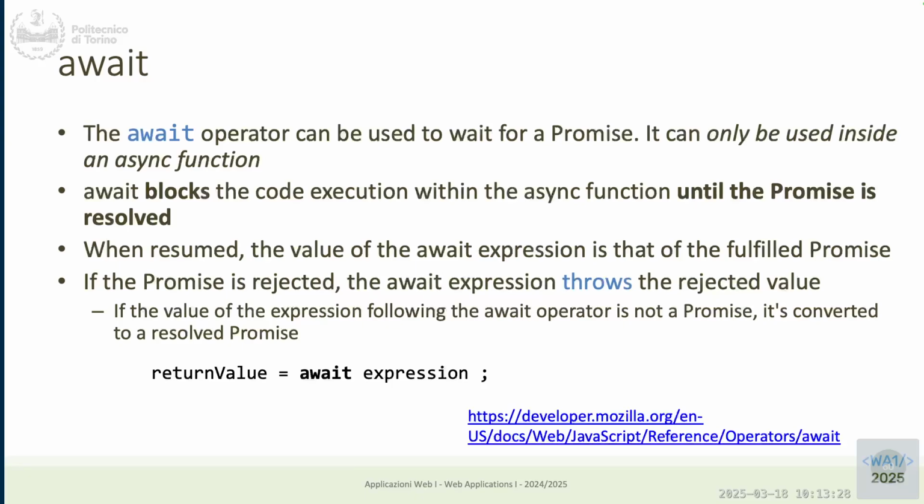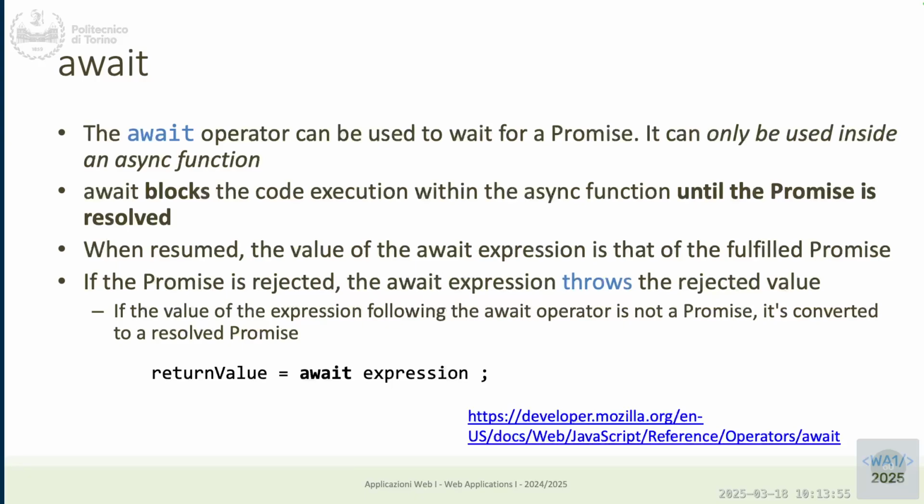Await is another construct, another statement that can be used in front of any expression of type promise. So await is an expression keyword, it's basically an operator that applies on promises. And it replaces the then callback for a promise.